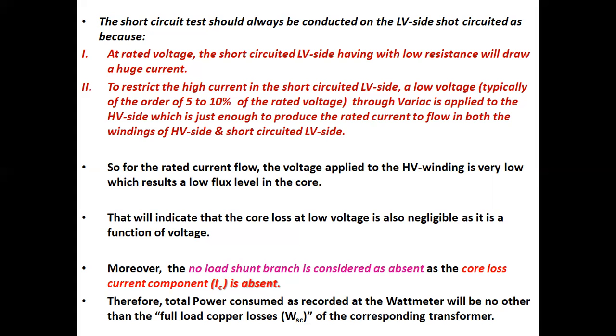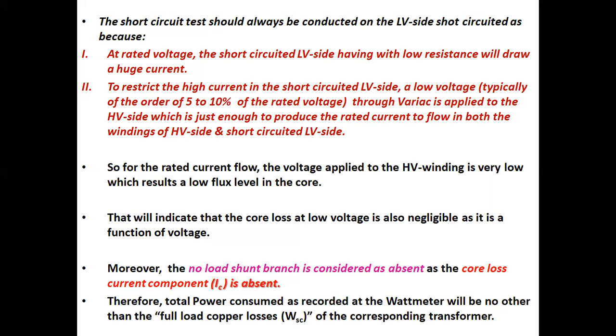That will indicate that the core loss at low voltage is also negligible, as it is a function of voltage. Moreover, the no-load shunt branch is considered absent, as the core loss current component IE is absent.